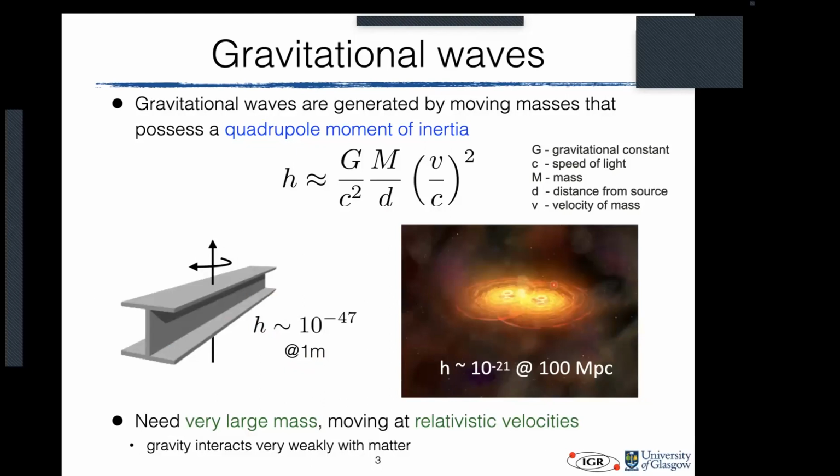Okay, and that significantly overcomes this factor of G over c squared, and so you get a strain amplitude, even though it's very far away, corresponding to 10 to the minus 21.